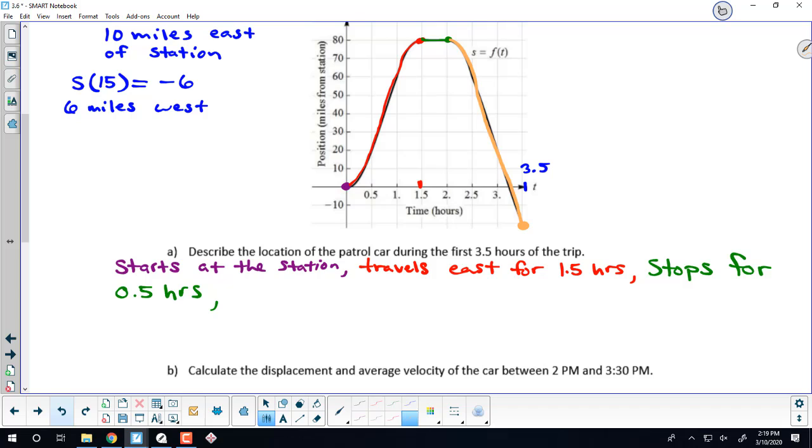Even though the positions are positive here, this person is still heading in the opposite direction. At this point, they're still 40 miles from the station. They traveled all of this way, but then they're coming back, which is the return trip in that yellowish color.